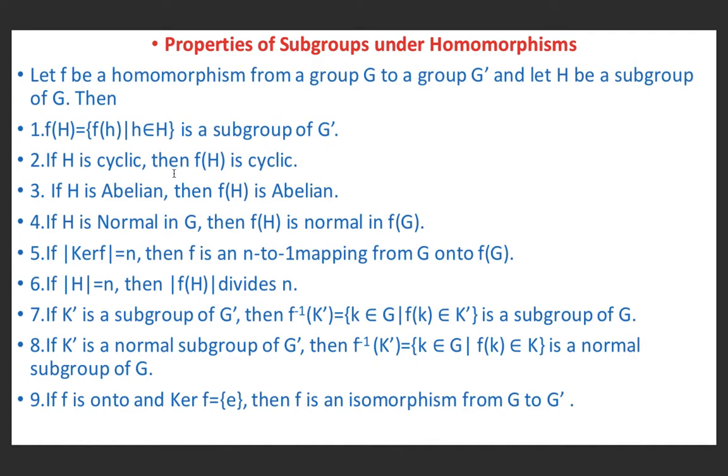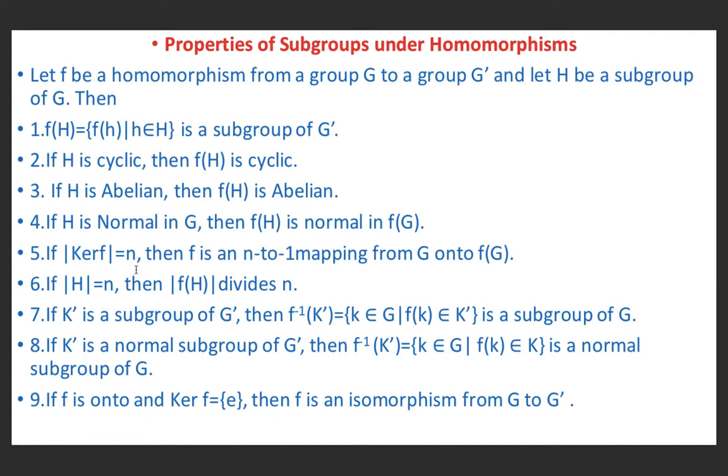Second property says that homomorphic image of a cyclic group is cyclic. Third property says that homomorphic image of abelian group is abelian. Fourth property says that homomorphic image of normal group is normal.